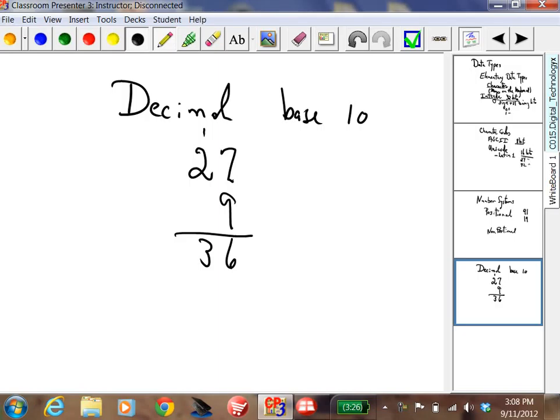Gina, how do you represent 27 in binary? Got it?